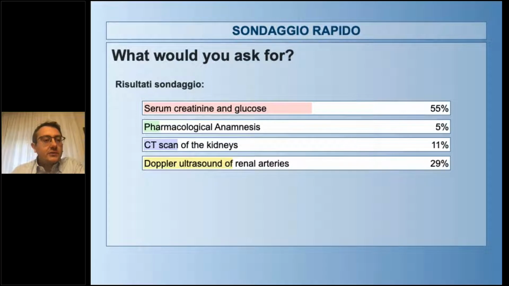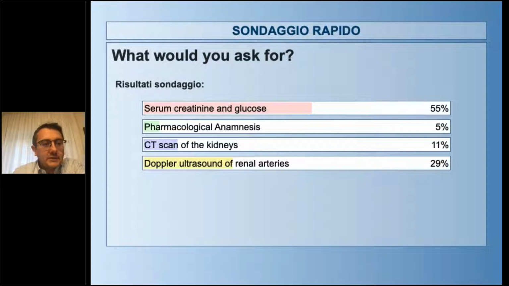Okay, the majority of you check for serum creatinine and glucose, of course, because we should exclude that renal failure is present. Also, somebody pharmacological anamnesis, that's good to see if there is some drug.